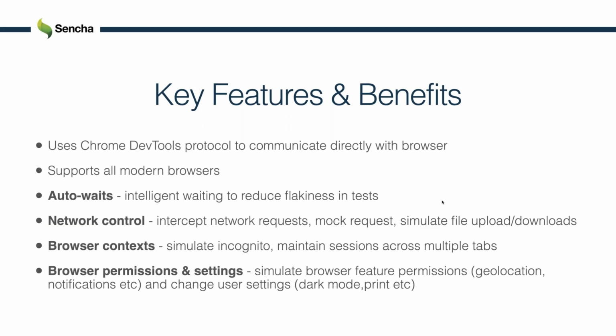So that's really useful. And because we're using the lower level protocol, we're able to integrate with the browser permissions and settings, so we can simulate browser features being turned on and off. So we can see how our application handles, for example, notifications being turned off. What does it do? Does it break, or does it show an in-browser notification?